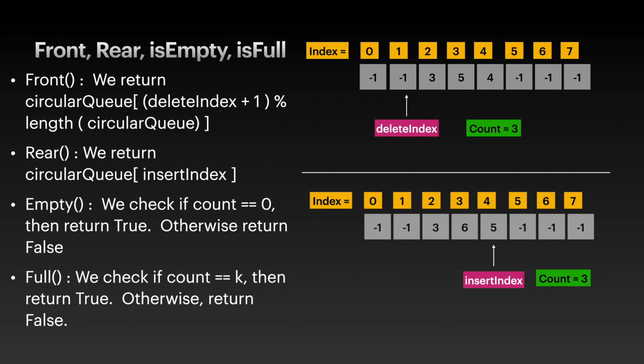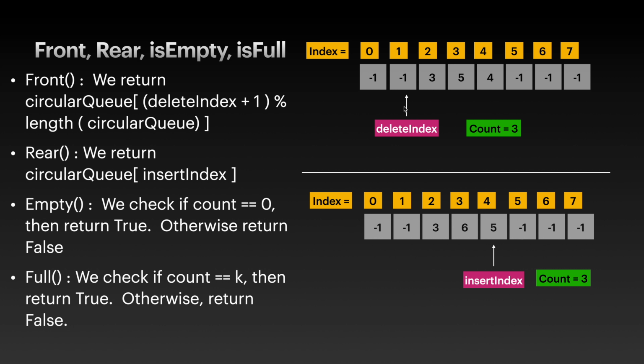The other remaining four methods are very simple. First we have front. If you invoke the front method in this case, we will have to return 3. This one is going to be (delete index + 1) modulo the length of the circular queue, so we just return this guy.